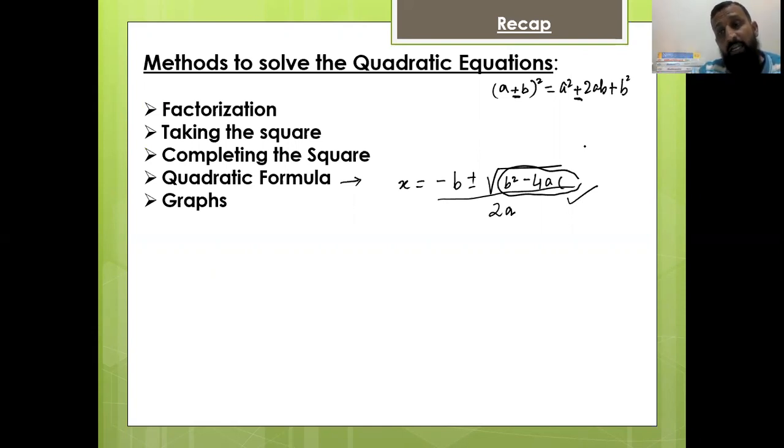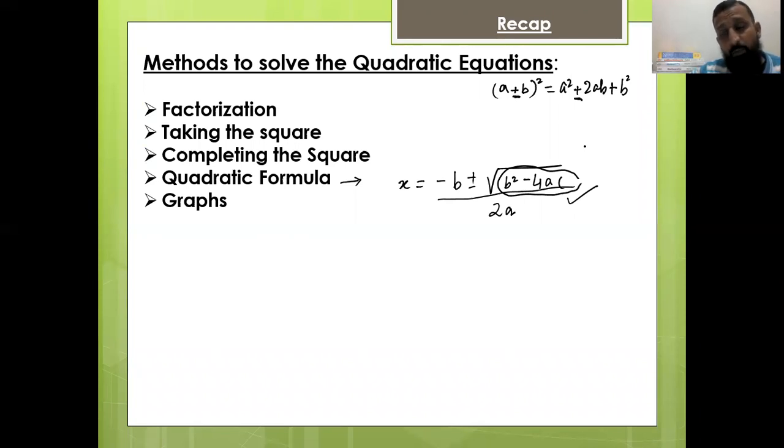And the third one is that when b square minus 4ac is less than 0, means any negative number, negative 3, negative 2, negative 1, negative 5, or any other case, negative 10, negative 20. So you cannot find the square root of a negative number. So this is ideally not possible. For such cases, whenever we have b square minus 4ac less than 0, what do we write?